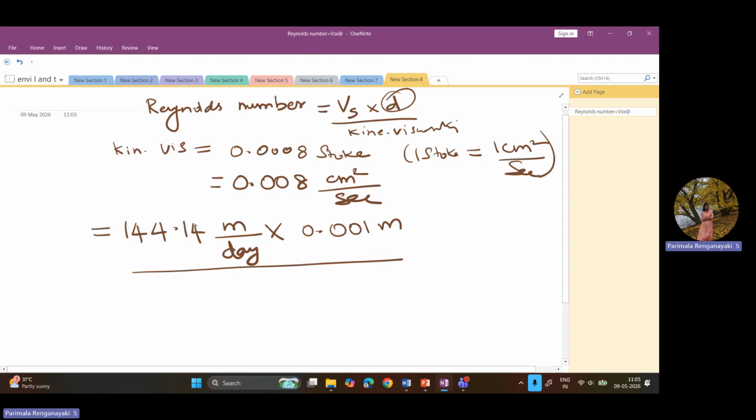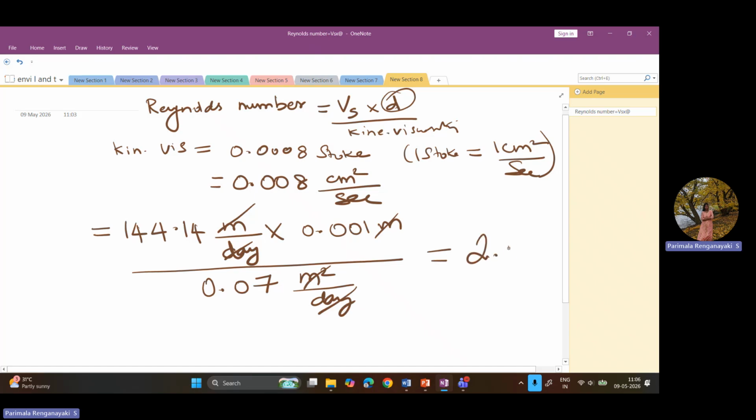That is, we converted into meter square per day, so that comes under 0.07 meter square per day. Day will get cancelled, meter square also, because the Reynolds number is dimensionless.